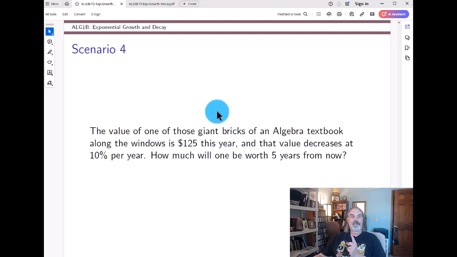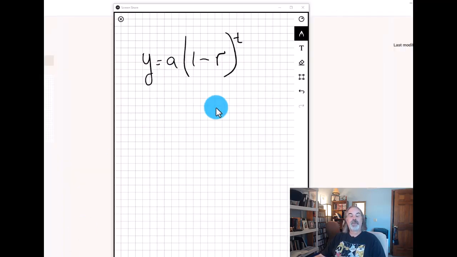Okay, so think, is this exponential growth or exponential decay? While you're thinking about that, I'm going to prepare. All right, that is exponential decay. The value is decreasing every year. And I'm just going to go ahead and load these numbers up immediately. Remember, the slide said that these books are currently worth $125 a piece.